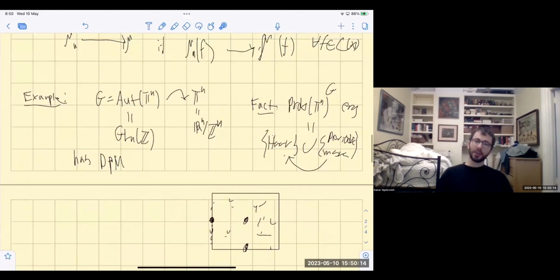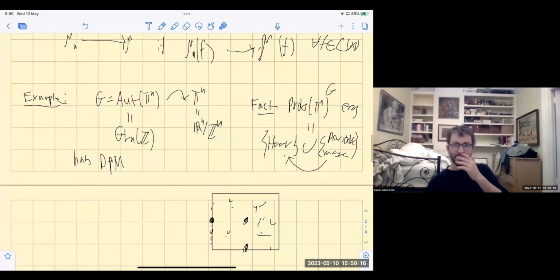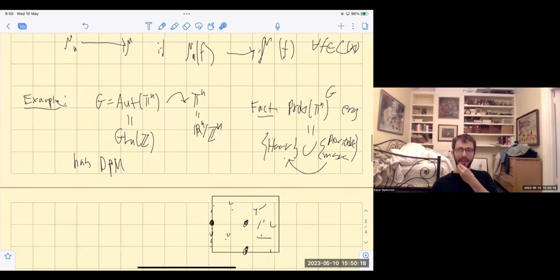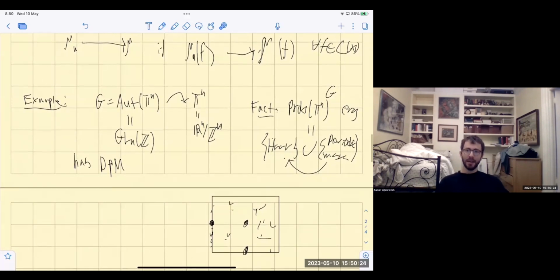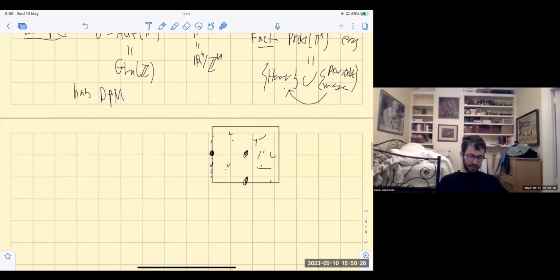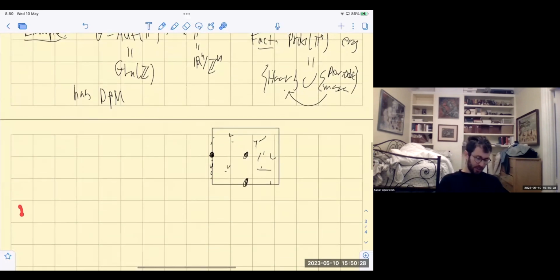Now I want to start to relate this to stability, because I think it's completely unclear how all of this is related to the question I asked before about two matrices almost commuting. So I want to make another definition.